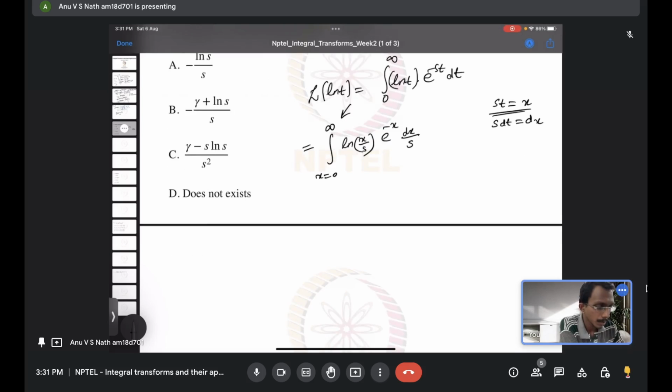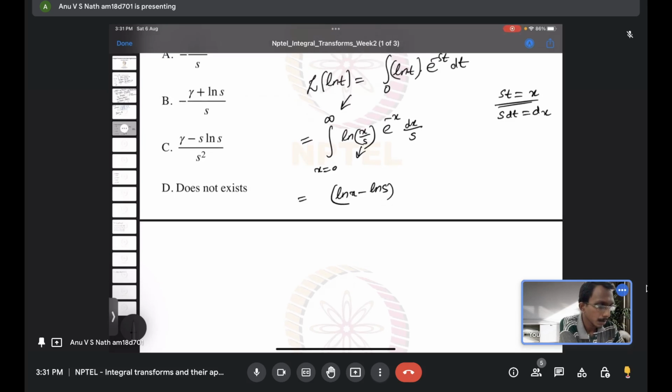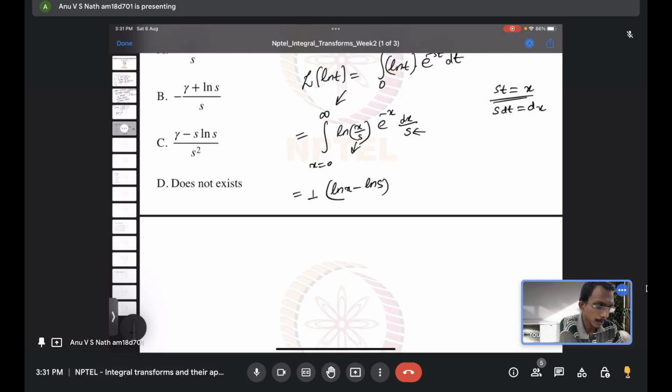Now we can expand. Log of a by b is log a minus log b, and that rule we can use here: log x minus log s. This s is a constant, so we can take it outside the integral, times e raised to minus x dx.